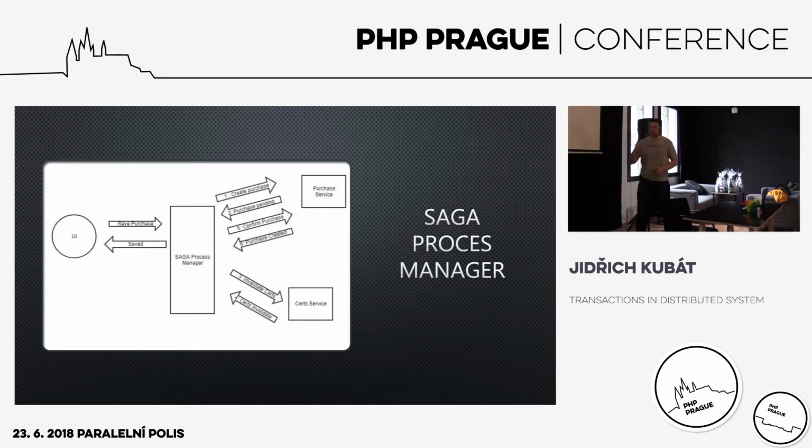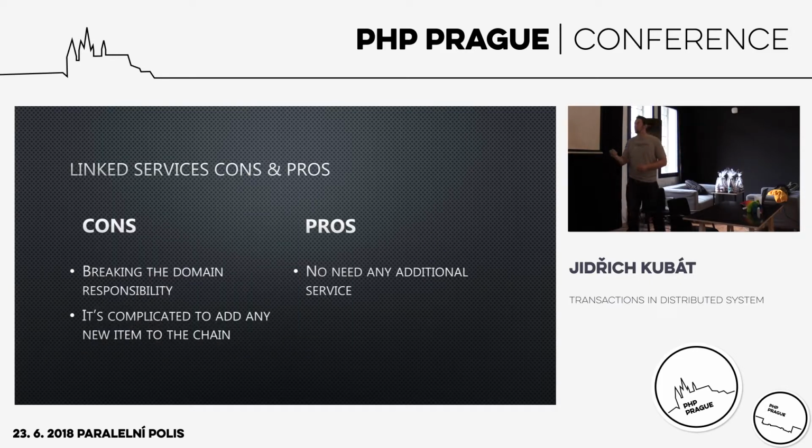Of course, we have to deal with something going wrong, like the SAGA process manager being shut down, and it will be, for sure. So we have to deal with what to do with events or transactions that are in the middle, for example. This also has some cons and pros. The pro is that the SAGA is in one place, so it's not spread among services.